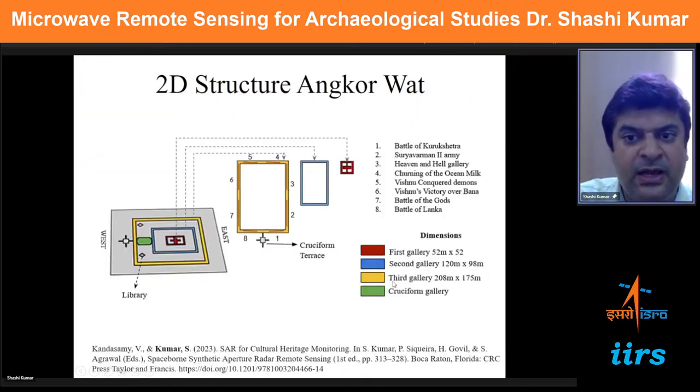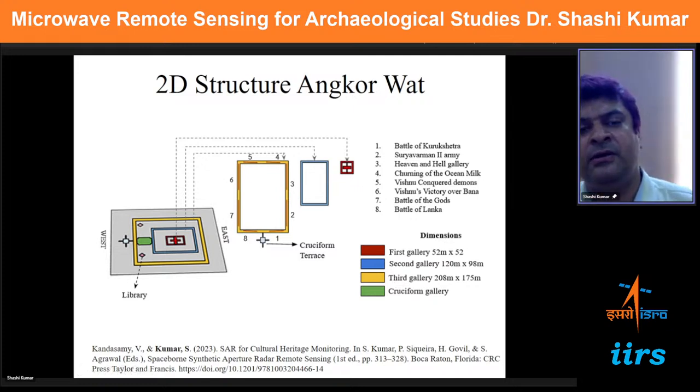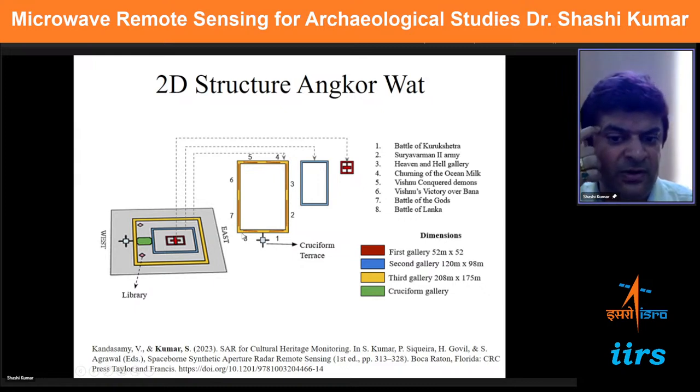And I would like to show the 2D structural view of the Angkor Wat site. If you see site number one, several research works were carried out, and they concluded that this area belongs to the Hindu civilization, as well as the Indian civilization.